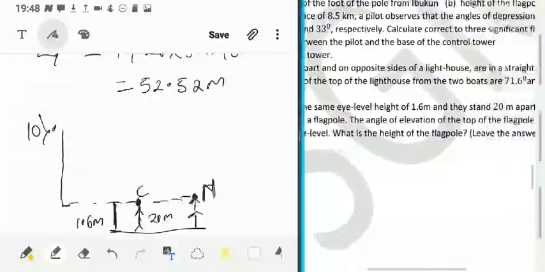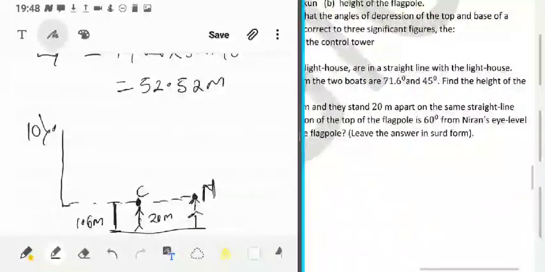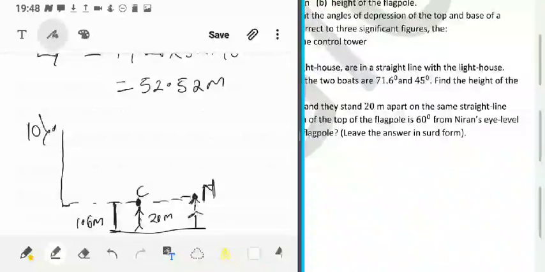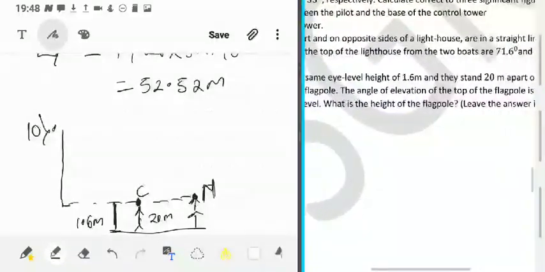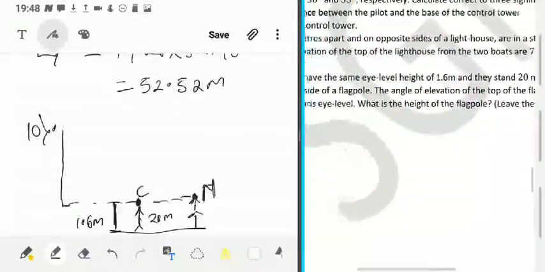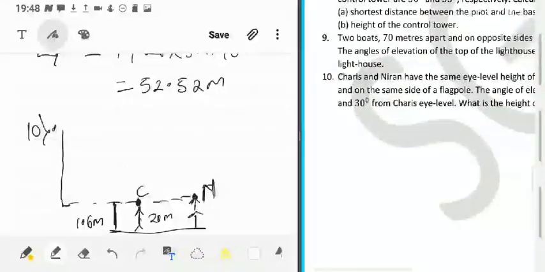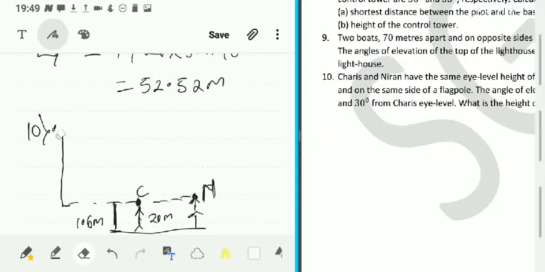Then the angle of elevation of the top of the flagpole is 60 degrees from Neuron's eye level and 30 degrees from Caris's eye level. 60 and 30.